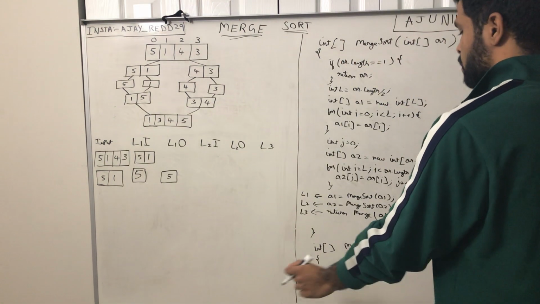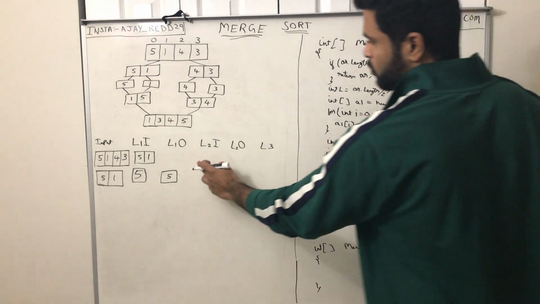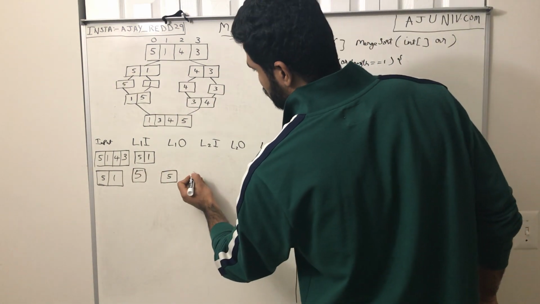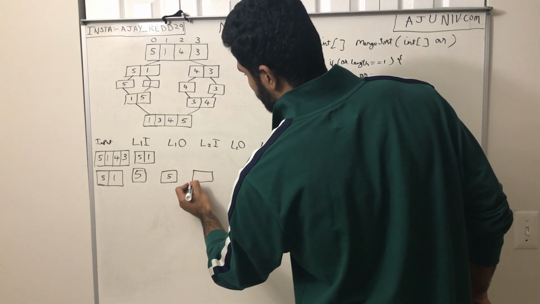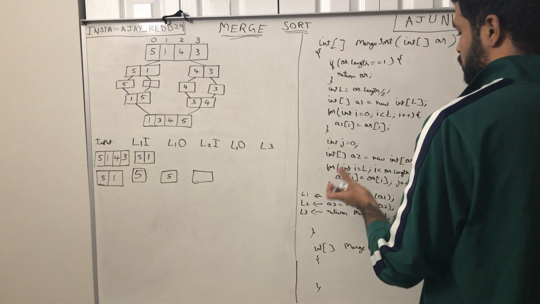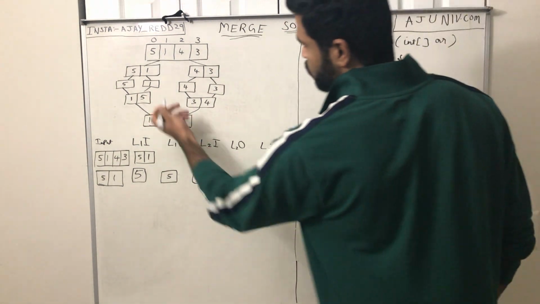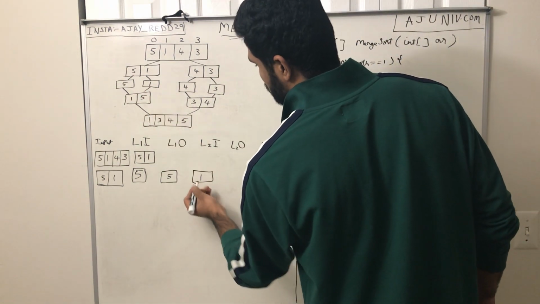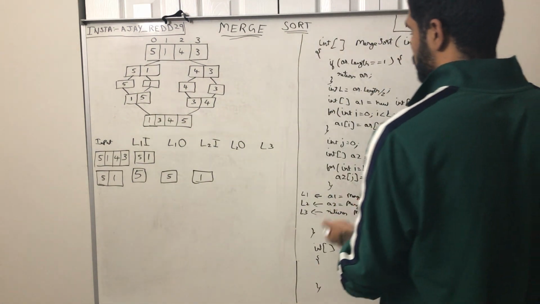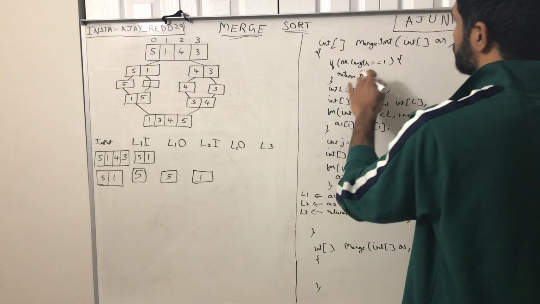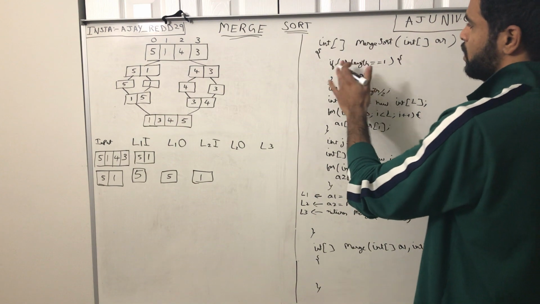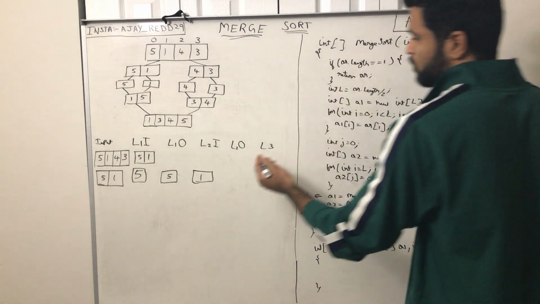Then it comes to line 2 for this input. At line 2, I'll be passing A2, which has 1 in the array. When it does the recursive call, again it comes here, checks, the array length is 1, so it returns that array.